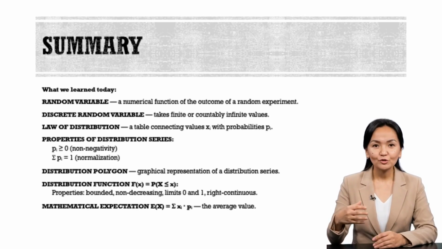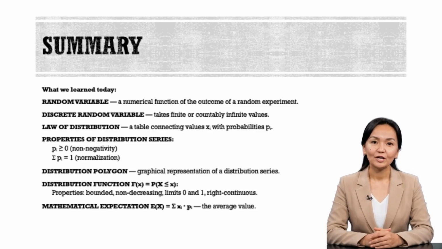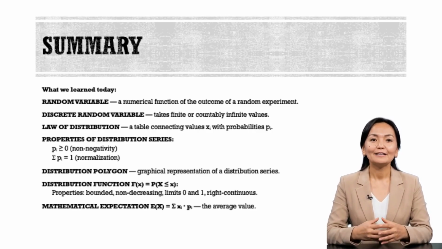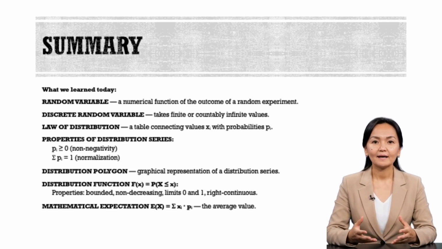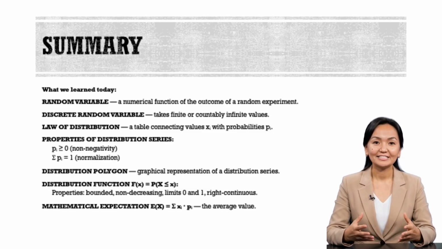Let's summarize what we've learned today. A random variable is a numerical function of the outcome of a random experiment. A discrete random variable takes finite or countably infinite values. The law of distribution is a table connecting values x_i with their probabilities p_i. For a valid distribution, probabilities must be non-negative and sum to 1. The distribution polygon provides a graphical representation.